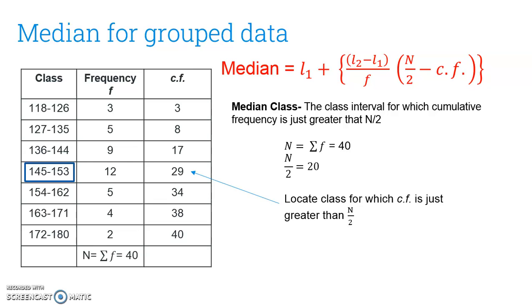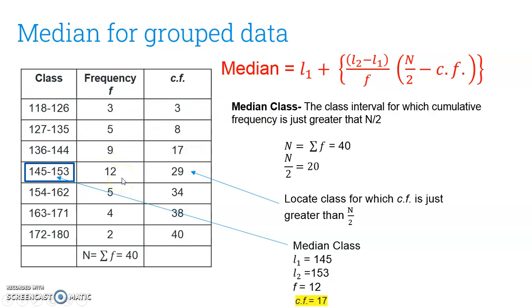So the median has to be in between these two values, 145 to 153. Once we have found the median class, the next thing is finding the values which are required. L1, that is the lower class limit, is 145. L2, that is the upper class limit, is 153. The frequency corresponding to that class interval is 12.